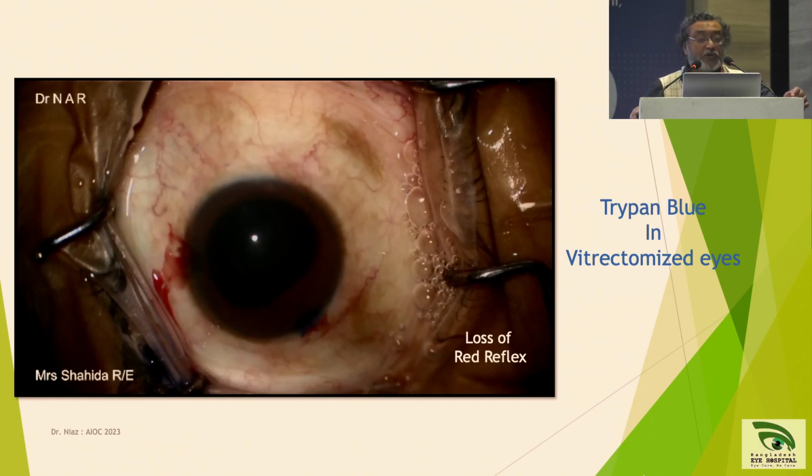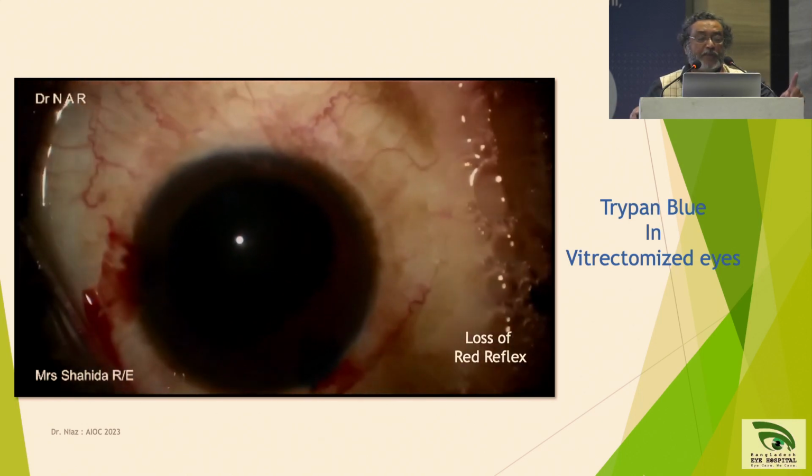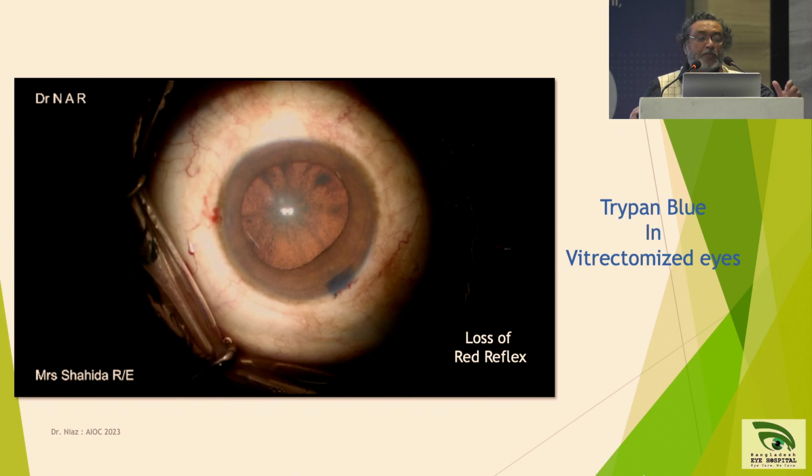And surgery is so difficult. Therefore, if you want to use trypan blue in a vitrectomized eye, you should put the dye in and very quickly remove it. If you leave it for a little while, it might just go in the back, and once you've lost the red reflex, to get it back, you have to wash out the posterior chamber, or else you can't do it.